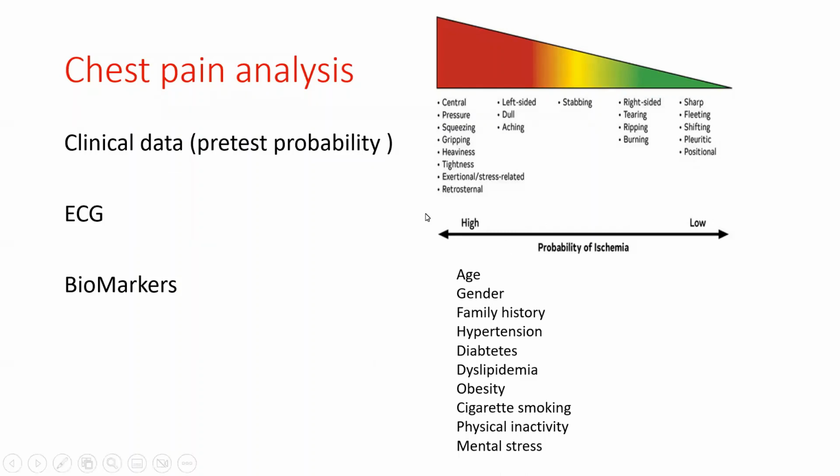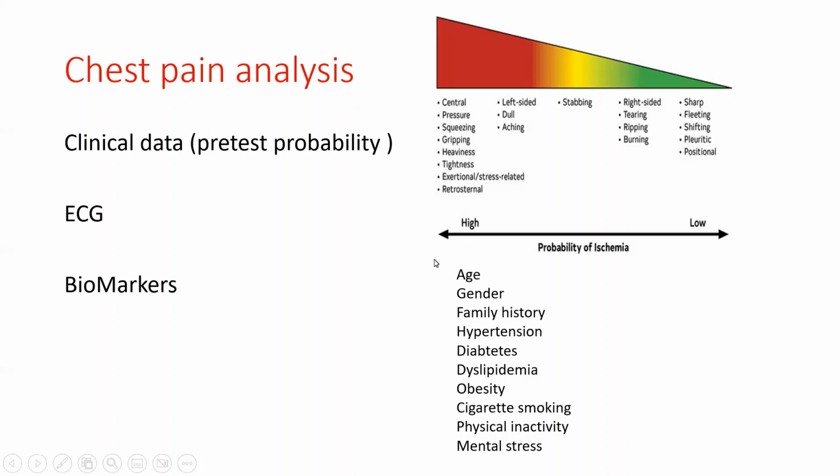Now, the features of chest pain and what is typical and what is not typical are here. You also, in the clinical data, it's important to probe into the characteristics of chest pain, the aggravating and relieving factors, and you elicit the risk factors, okay?